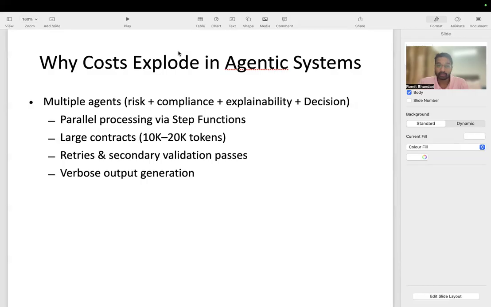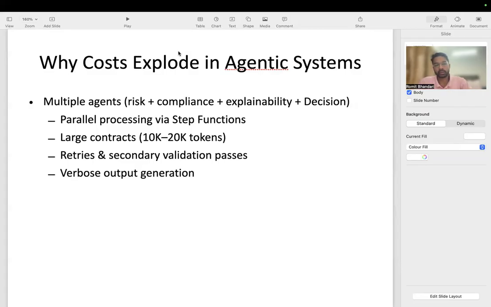So when you have so many tokens going into an LLM request, obviously the costs would be higher, because AWS charges you based on the total token usage, and obviously the kind of model you are using, right? Those are the two ways in which AWS charges you.